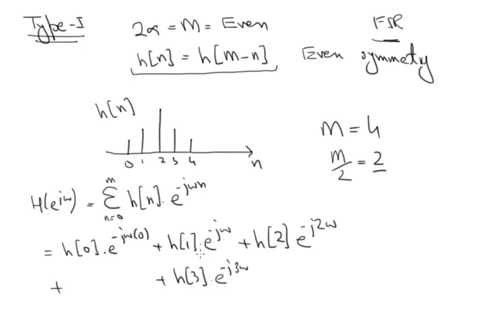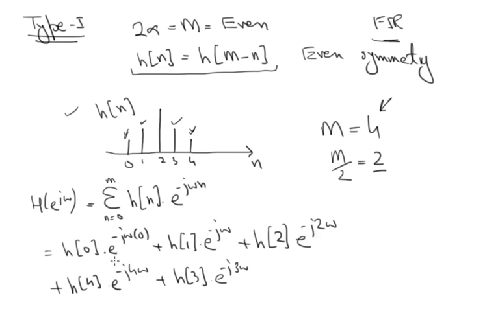I am writing this term below this term because they are both equal: due to symmetry this sample must be equal to this sample. Similarly, this sample must be equal to this sample, so I am writing this sample value here, which is h of 4 into e raised to power minus j 4 omega. This is the Fourier transform of this impulse response h of n, and here we have m equal to 4.